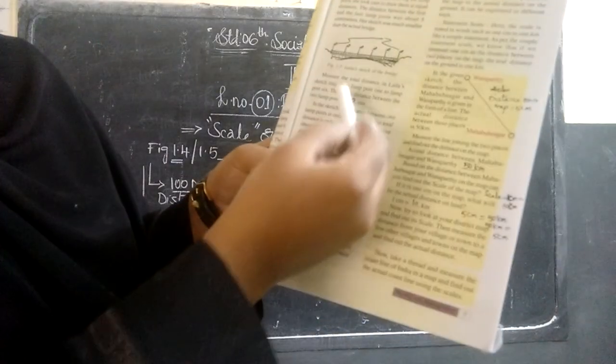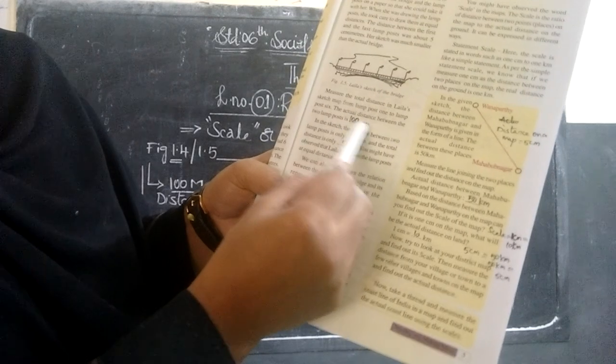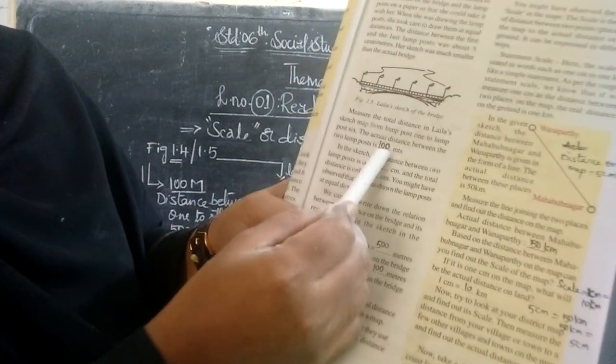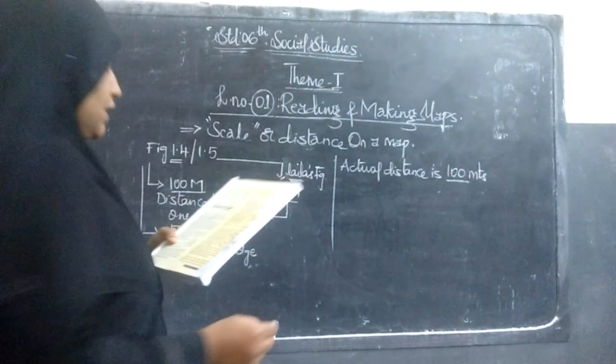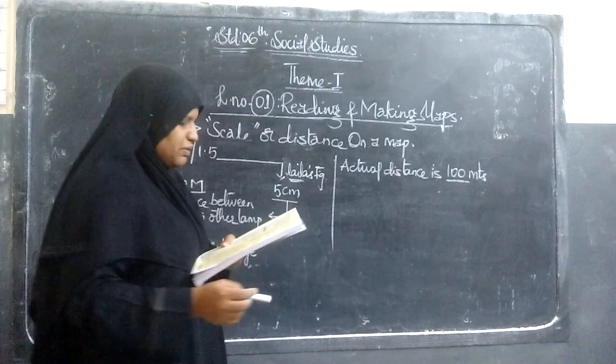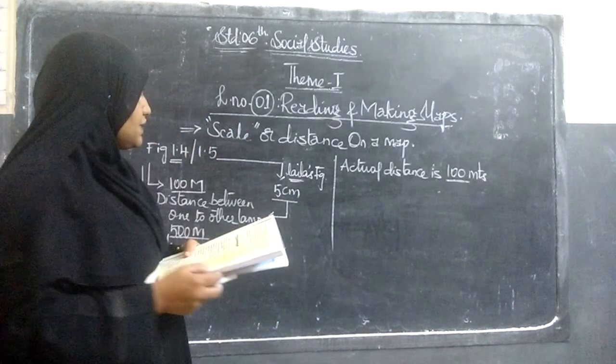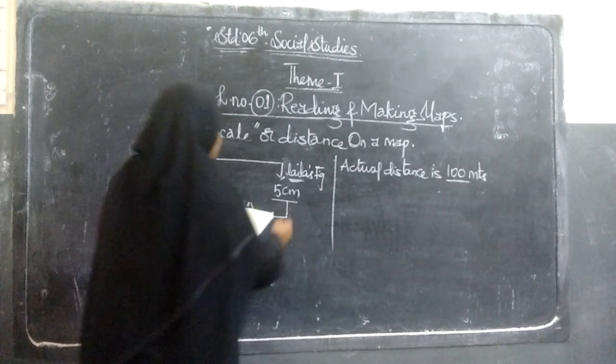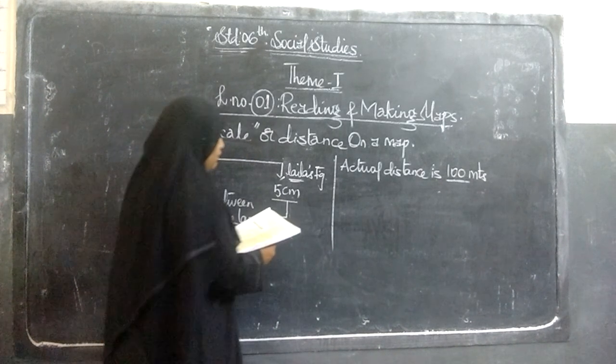Below figure 1.5, the fourth line, here you write 100 meters. Now, in the sketch, the distance between two lamp posts is about 1 centimeter. So how much did you take? 5 centimeters for each lamp, no?